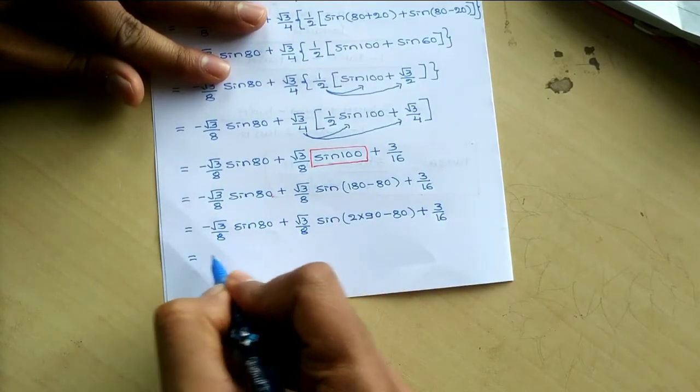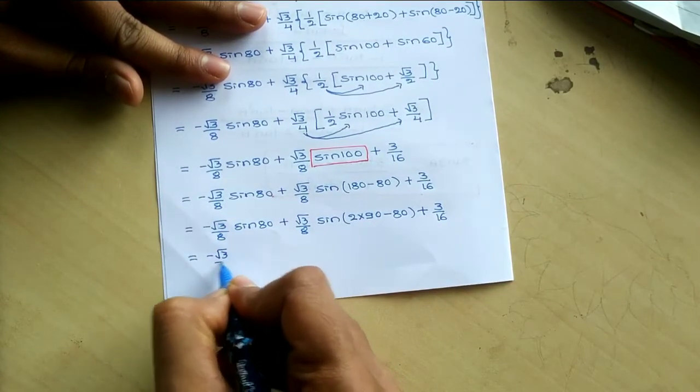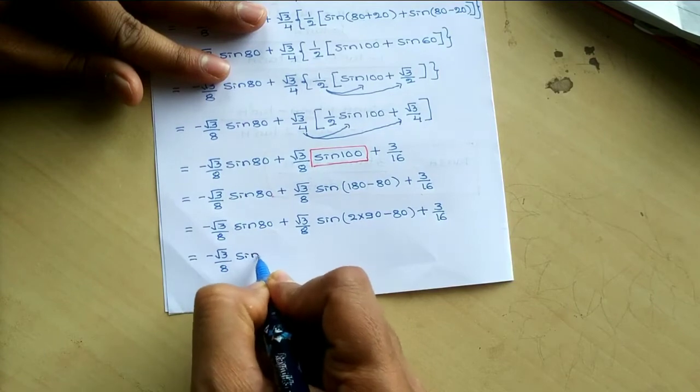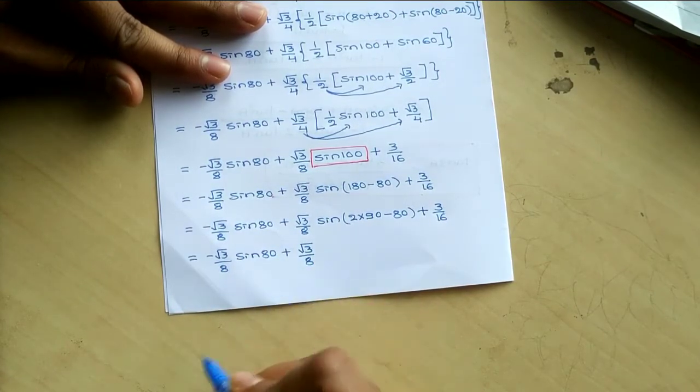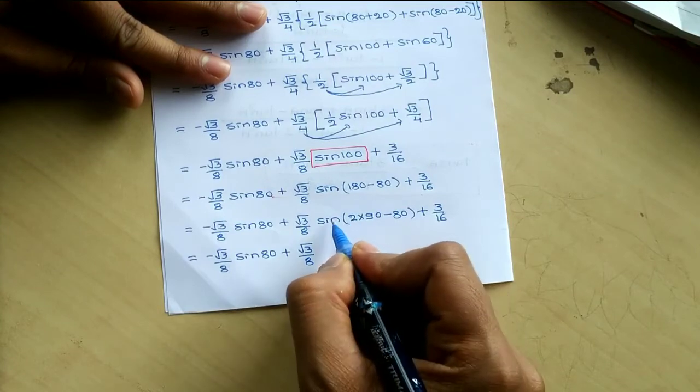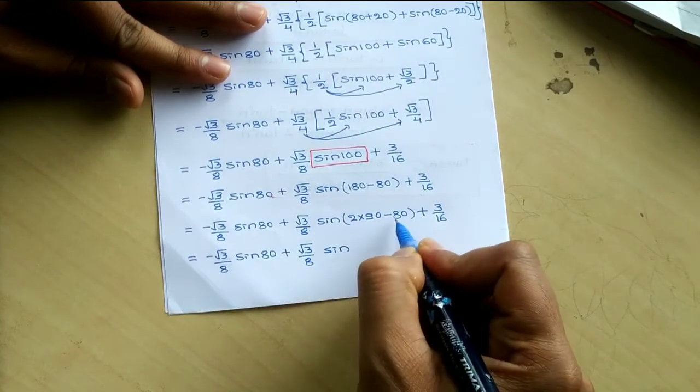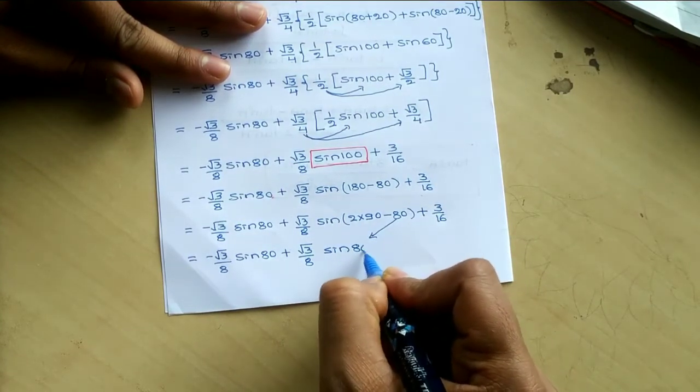So which is equals to minus root 3 divided by 8 sin 80 plus root 3 divided by 8, keep it as it is. 2 is an even number, sin remains sin. Here at the end 80 degree, keep it as it is.